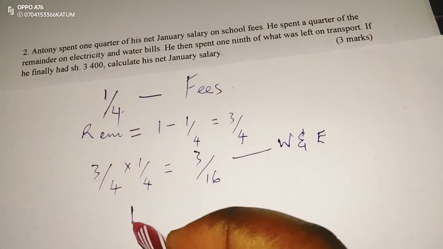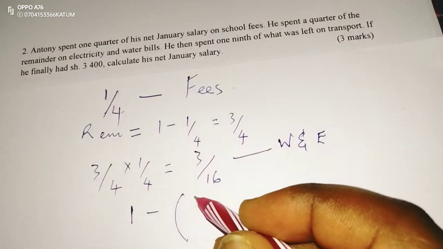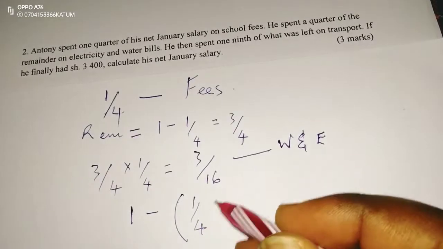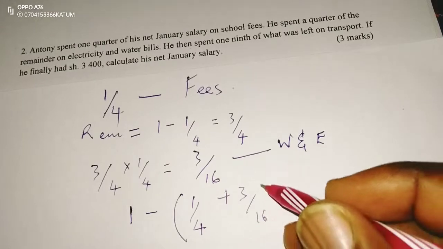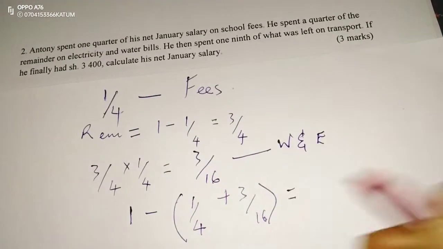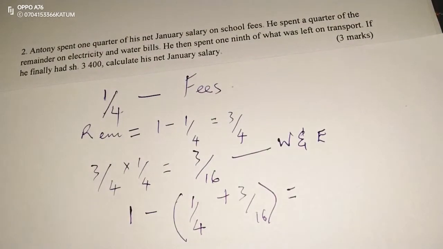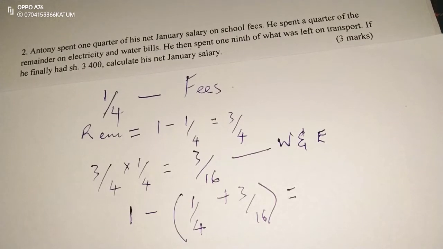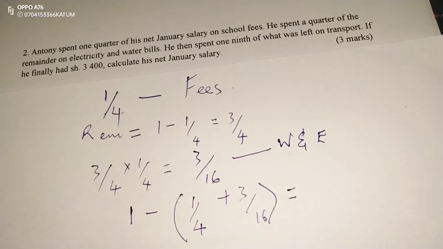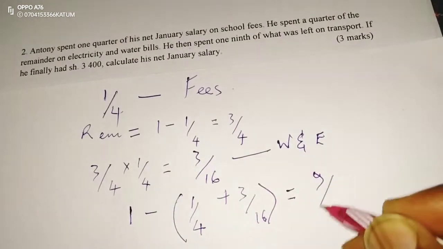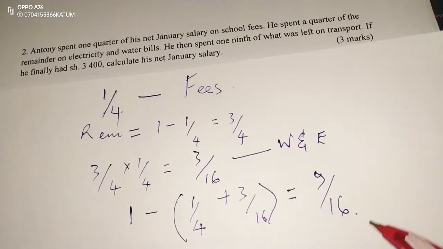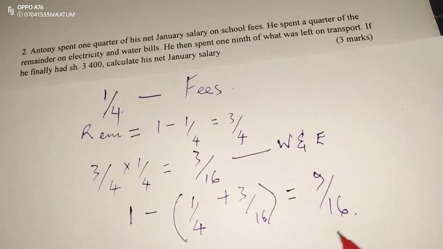If we take the total fraction and subtract fees, which is 1/4, and water and electricity, which is 3 out of 16, let me subtract it, 1/4 and 3 out of 16, I'm getting 9 out of 16. So this is what is remaining.